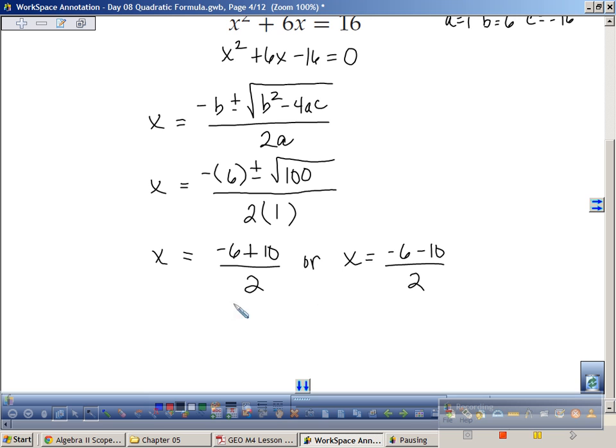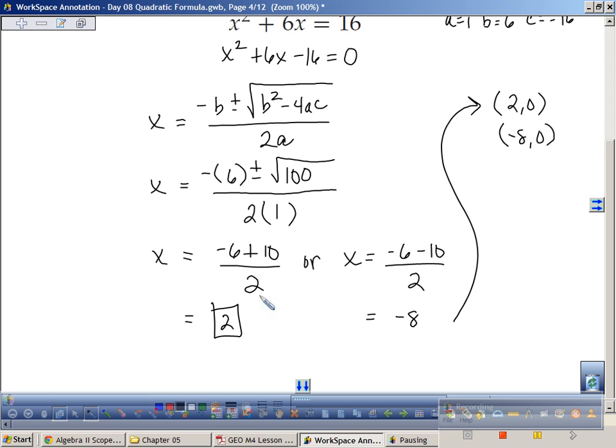The square root of 100 is 10. So if we continue with this, you get 4 over 2, which is 2, or -16 over 2, which is -8. Those are my roots. Specifically, 2, 0, and negative 8, 0.